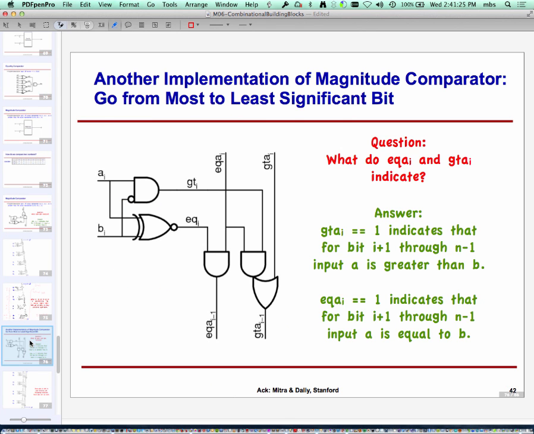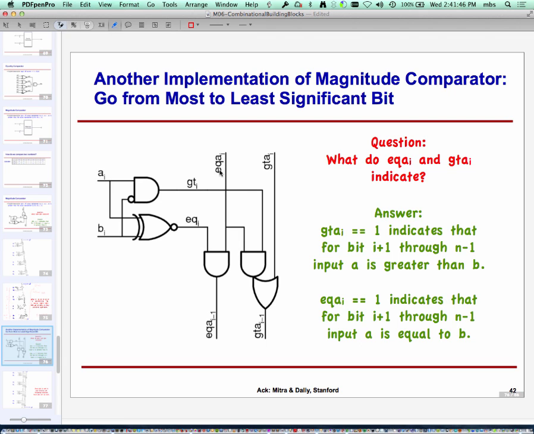Another implementation of this magnitude comparator can start from the other direction, the way I had originally motivated comparison. In this case, we design a logic which now receives inputs from the higher bits, and the higher bits are going to tell it two things.